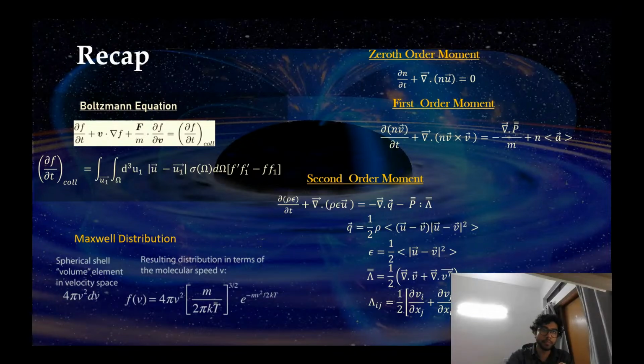After the collision, the velocity of the particle will become u, and it will go inside the phase space volume. So that's why you are adding the particles which are coming in and subtracting those which are going out, right? And you are integrating over all those velocities which are possible, such that the final velocity comes within the volume. Does that answer your question?